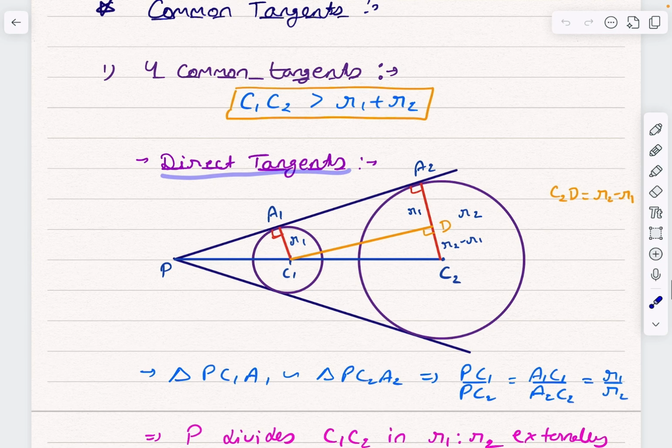See, let us say PA1, PA2 like these. These are the direct common tangents. Same way this side also. Draw a perpendicular from C1 to the first tangent, and from C2 to the same first tangent. You get C1A1, C2A2, and you will see the triangles PA1C1 and PA2C2 will be similar triangles.